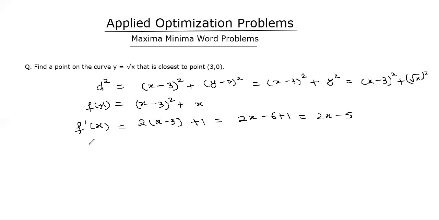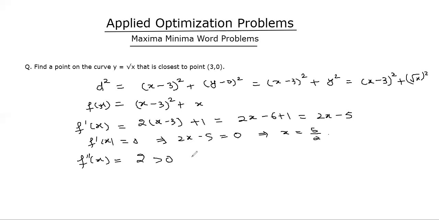Applying the first order condition, equating the first derivative to 0, gives 2x minus 5 equals 0, which solves as x equals 5 by 2. Now, finding the second derivative: the second derivative of 2x minus 5 is 2, which is greater than 0. So it means that the function f(x), the square of the distance between the point and the curve, is minimum.